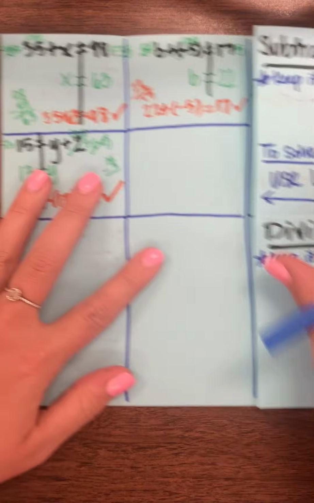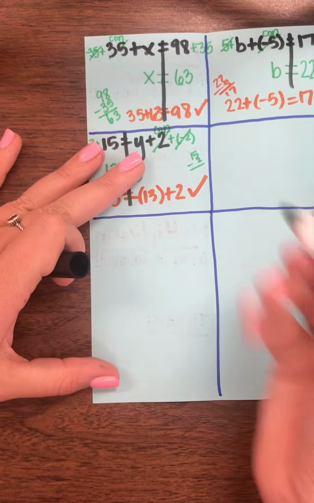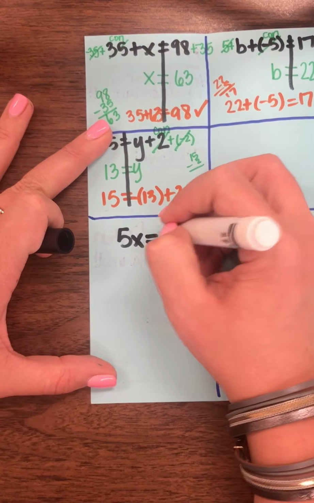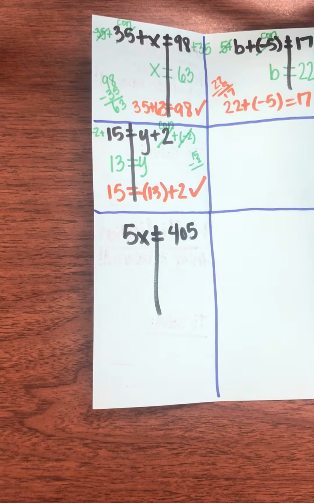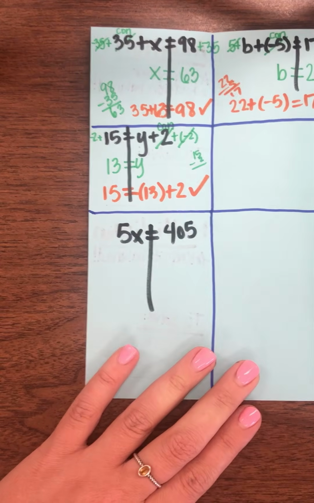So I'm gonna open up and I'm down at the bottom and I'm gonna start with this one, 5x equals 405. I'm gonna draw my line. We need to make sure that we remember, some of you guys might be able to figure this out in your head, right?